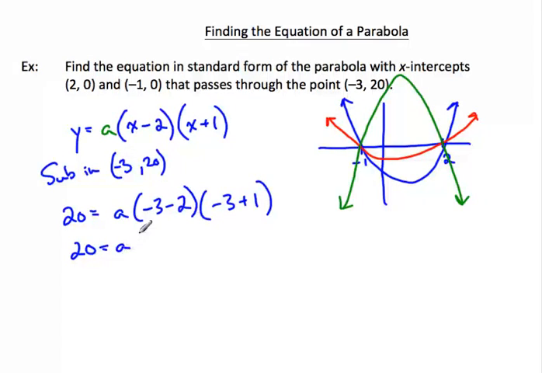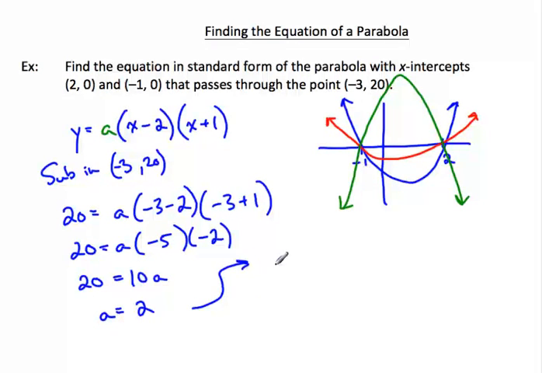And solving inside the brackets, we get a times -5 times -2 is equal to 20, or 20 is equal to 10a. Therefore, a is equal to 2. That means subbing that back in where we had a, the parabola that we want is y equals 2 times (x minus 2) times (x plus 1).